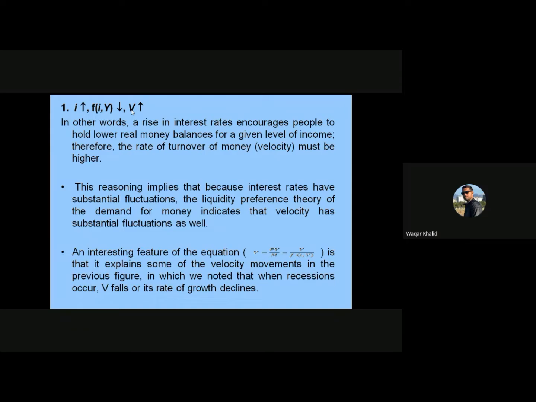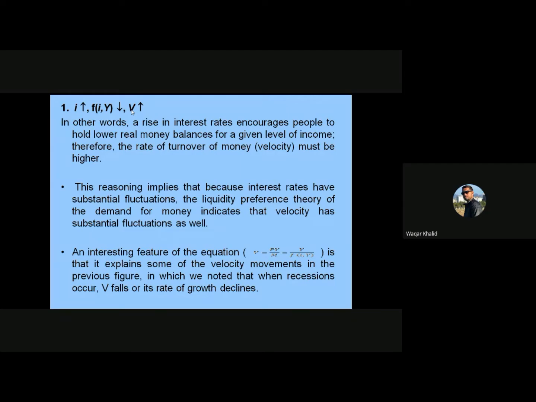Therefore, the rate of turnover of money must be higher. This reasoning implies that because interest rates have substantial fluctuations, the liquidity preference theory of the demand for money indicates that velocity has substantial fluctuations as well.